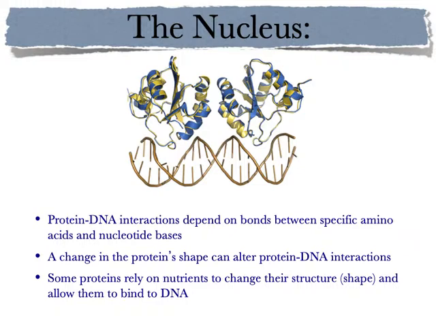And the interactions that allow those amino acids to bind to those nucleotides are what kind of bonds? Hydrogen bonds are the ones that allow this to happen. So look at it this way. A change in the protein shape can alter the protein DNA interaction. In other words, this amino acid, you can see what this protein does.